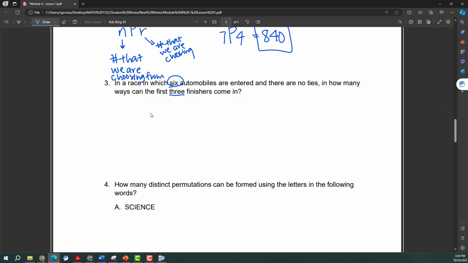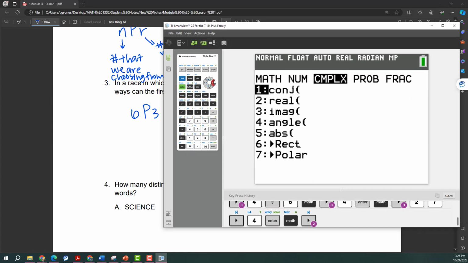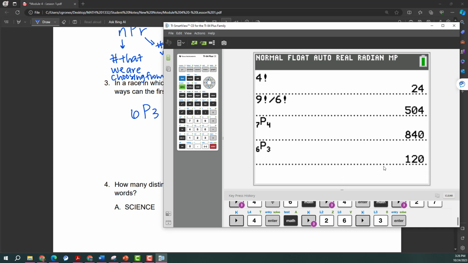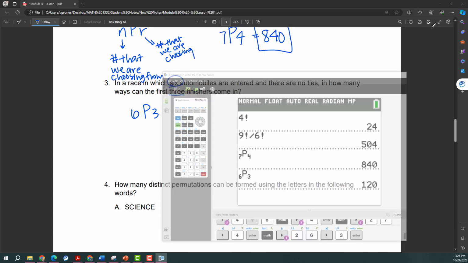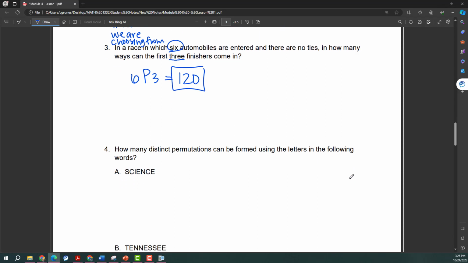So yes, we have 6 total cars and we have 3 finishers. So math, probability, 6P3, 120. Everybody okay?